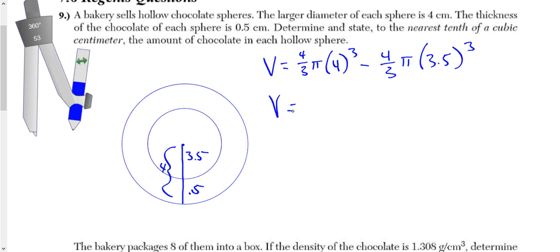Let's put all that in the calculator. What do we get? And round it correctly. Parentheses, 4 divided by 3. So the whole radius is 4. What's the diameter? Oh, the diameter of each sphere is 4.